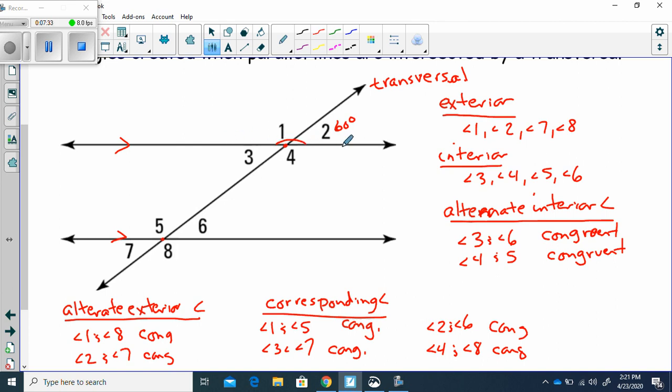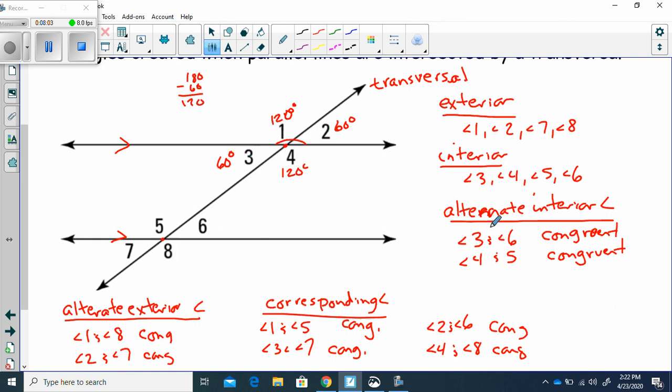They form a straight angle together, so they would be 180 degrees together. 180 minus 60 would give me 120 degrees for this angle right here. Now, these two angles are vertical angles across from each other, so they are equal. This would be 120 degrees. These two are vertical, they're across from each other, so this would be 60 degrees.